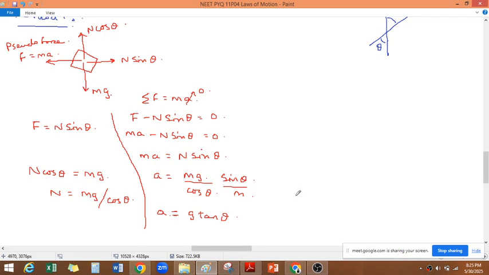Similarly, as theta gets bigger and bigger, it will become vertical. Holding the block in the vertical position is going to be very difficult because it will fall down. So if it is vertical, then you have to accelerate at very, very high speed, like a rocket. Only then will this stick to this. Otherwise, it will fall down. So it makes sense to say that as g increases, a will increase. As theta increases, tan theta will increase, which means a will also increase.